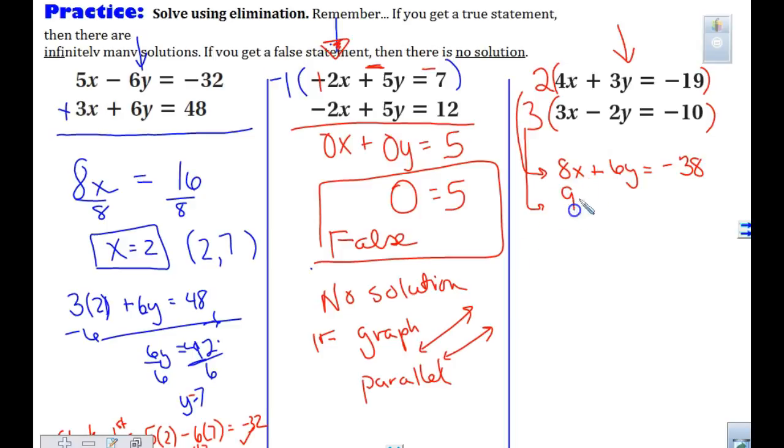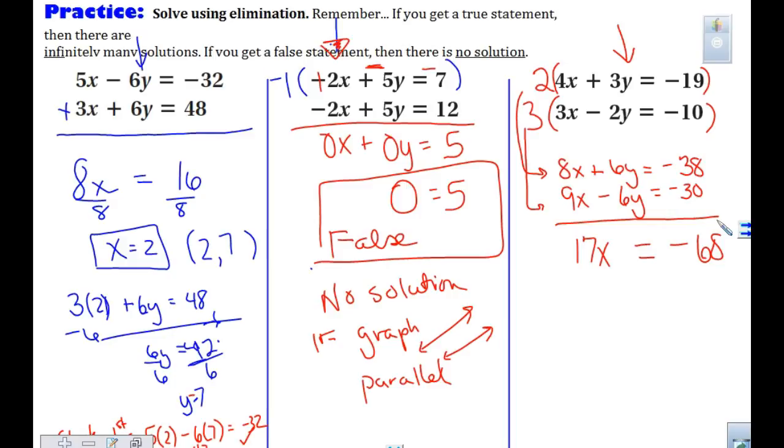So we have 9x, minus 6y, and negative 30. And we add our x's together. And we have 17x equals a negative 68.